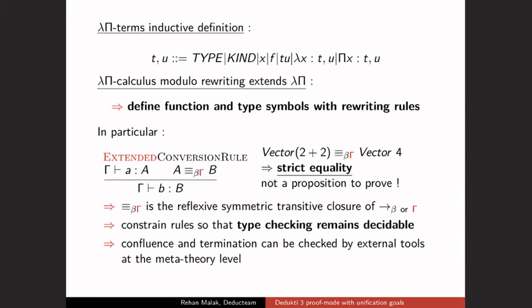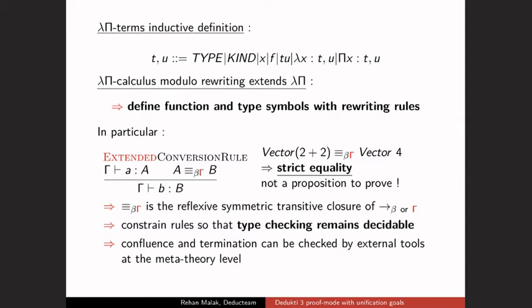Here's the inductive definition of the lambda terms of the Lambdapi calculus. The syntax is pretty simple compared to other systems. You have two sorts, type and kind, variables, applications, abstractions, and the dependent product. And here we consider an extension of this framework where you can define function and type symbols with rewriting rules.